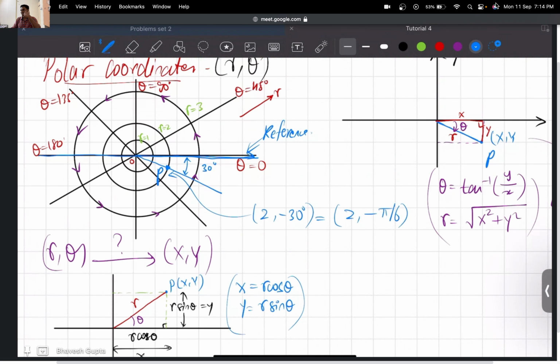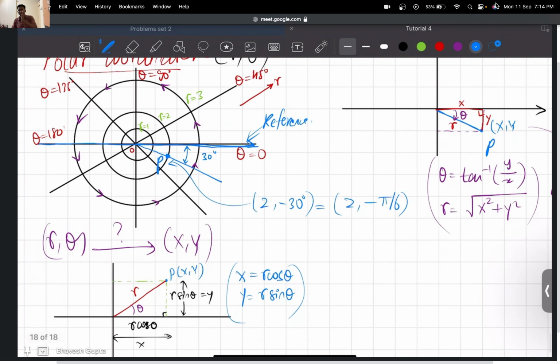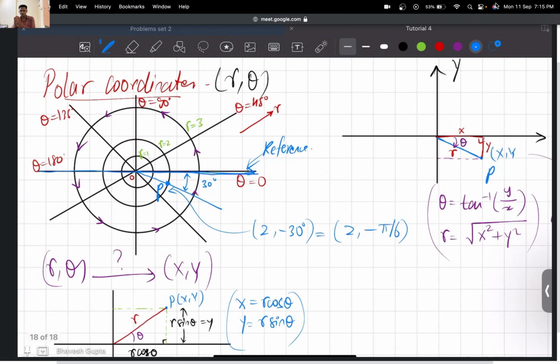And if my problem is designed in such a way that it moves along either the x-axis or y-axis, then it is good to use the Cartesian coordinate system. So depending on the symmetry you have in the problem, you decide your coordinate system, and based on that you start doing your work.